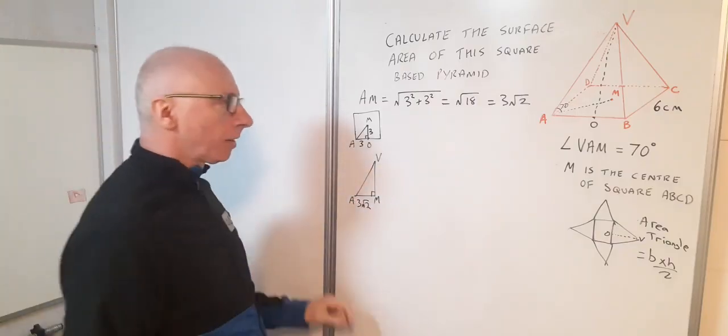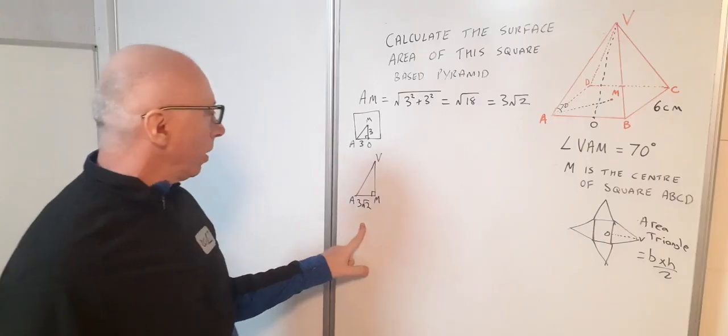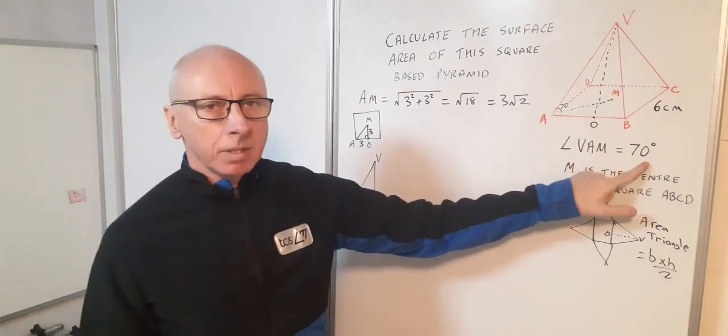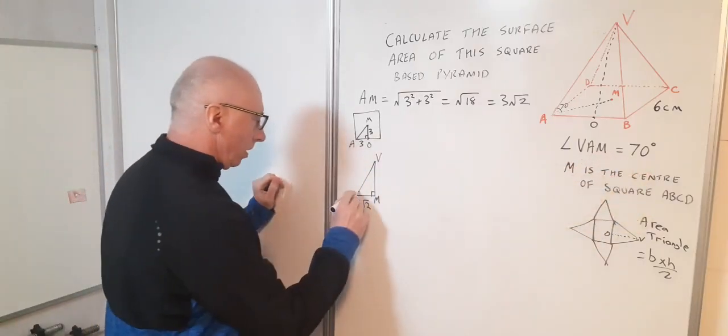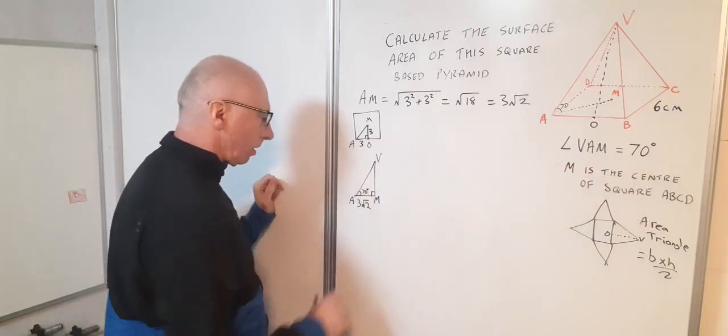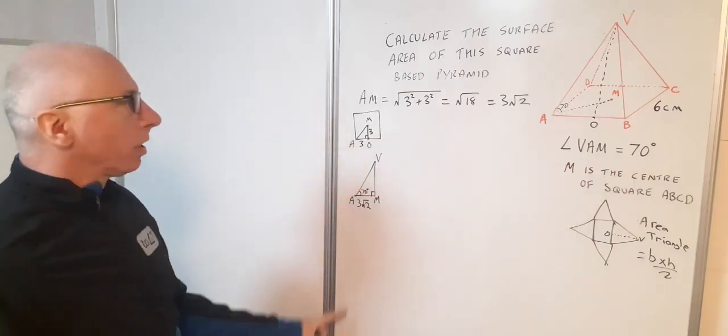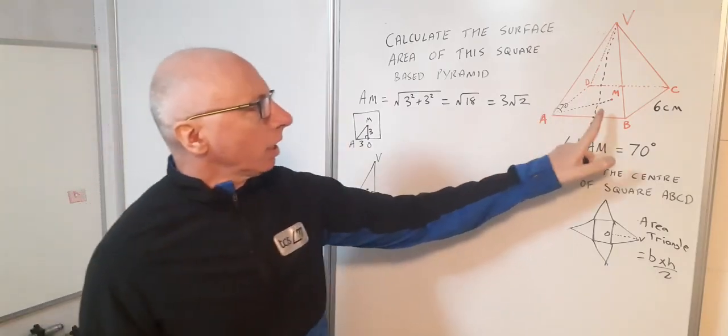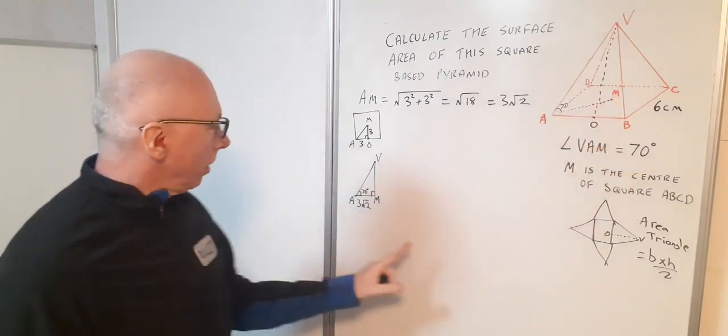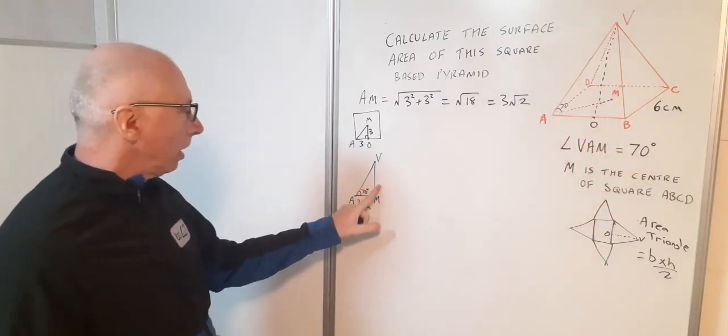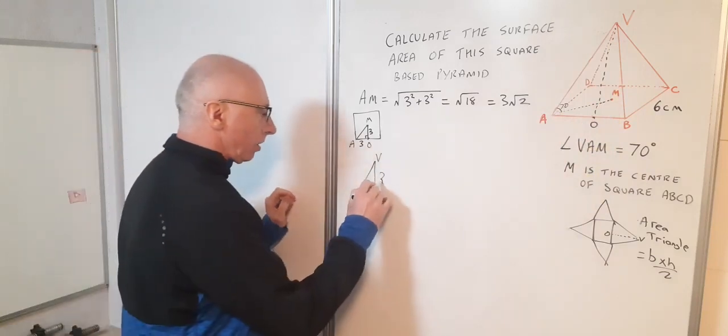So that's that. And the next bit of information I know is that angle VAM is 70 degrees. So this angle is 70 degrees. So what I want now is the perpendicular height of the pyramid. So therefore I need the height here, VM. So that's what I need.